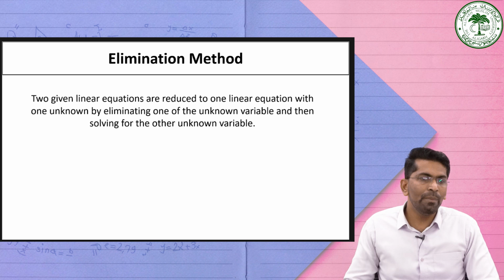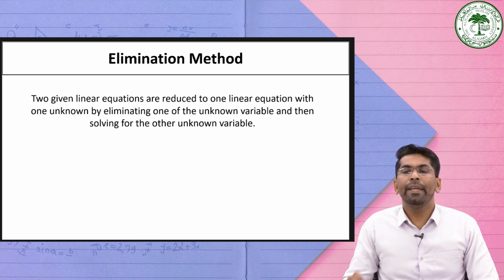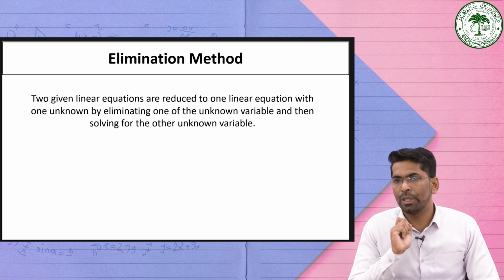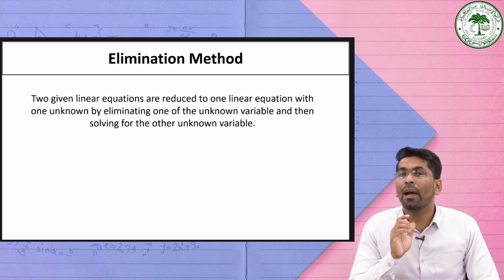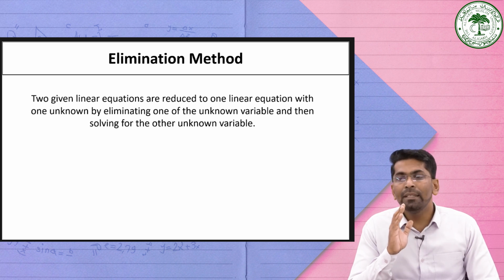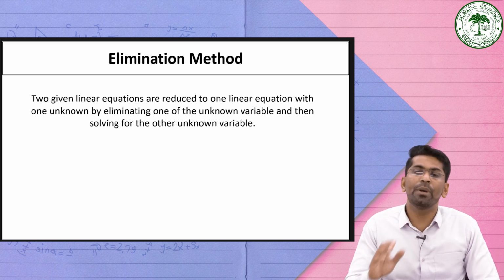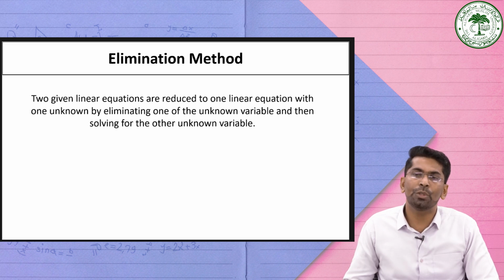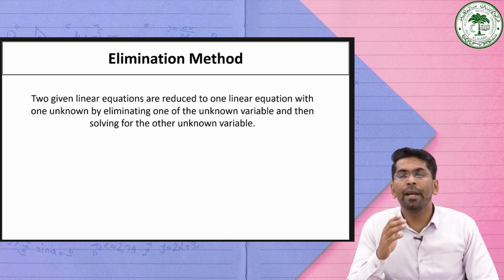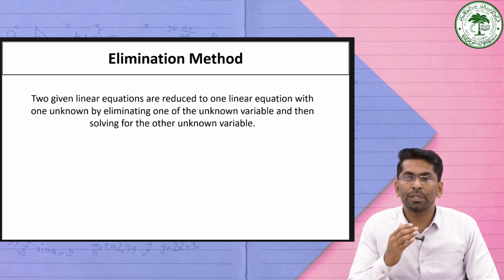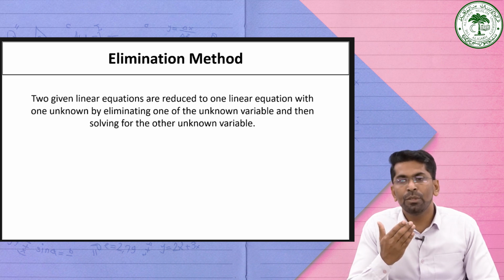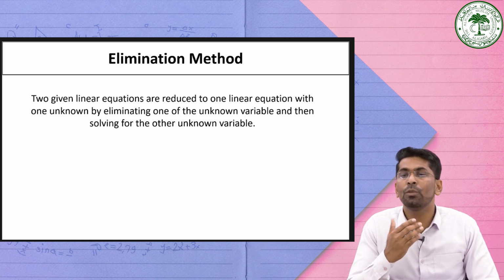It is called the elimination method because at each stage of the solution process, we eliminate one or more of the unknowns. That's why we say it is an elimination method. And this method always produces an exact solution. It can also be applied to systems larger than just two equations with two unknowns.